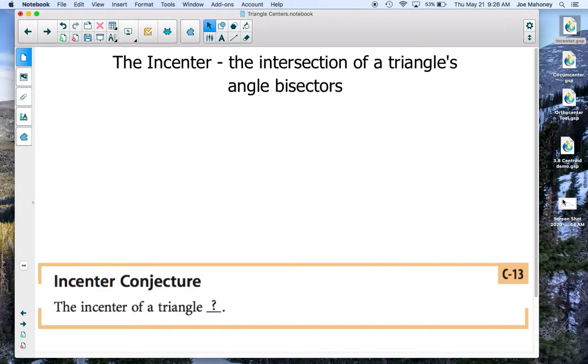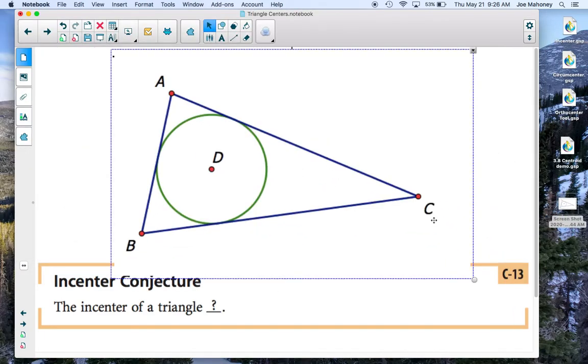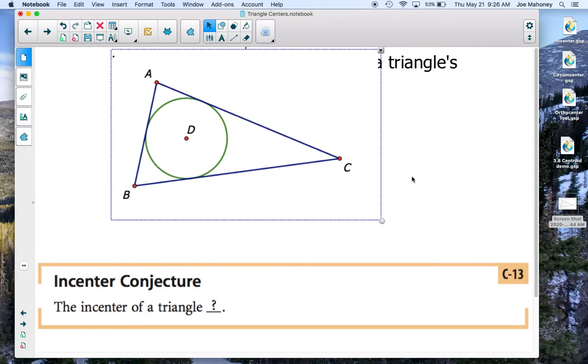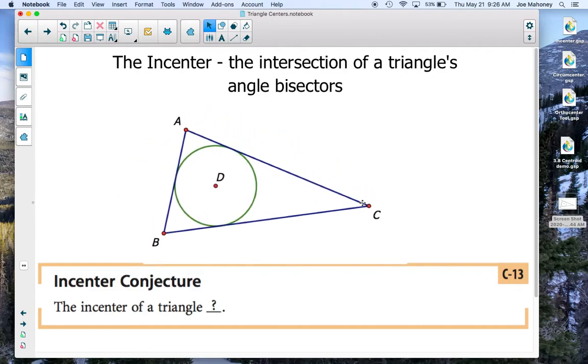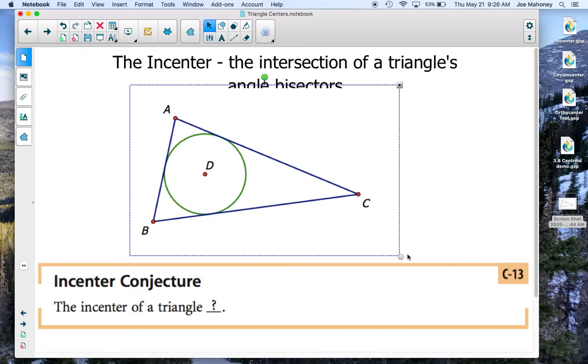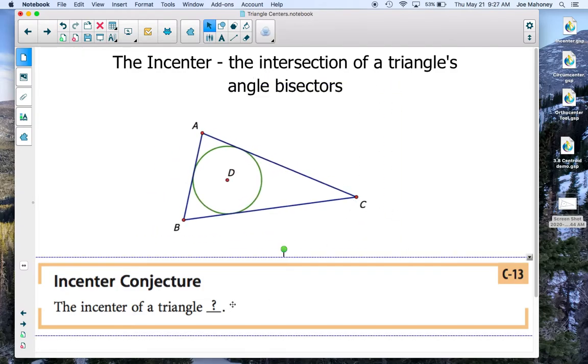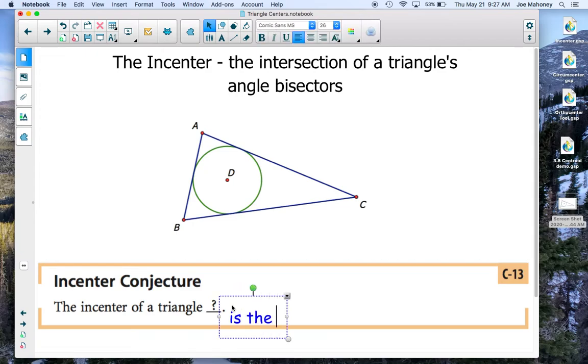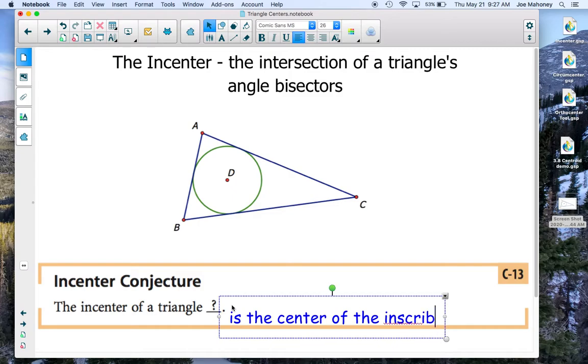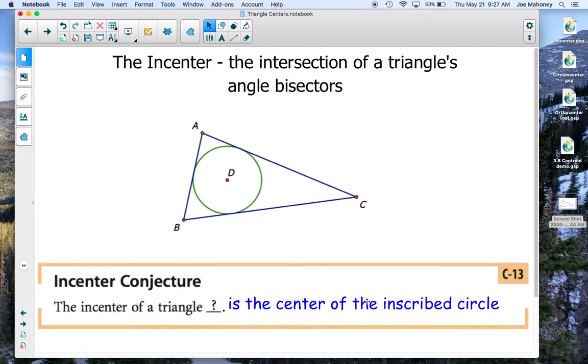Boom. And we'll drag it in here as a nice way to look at it. The incenter of the triangle is the center of the inscribed circle. Pretty neat stuff.